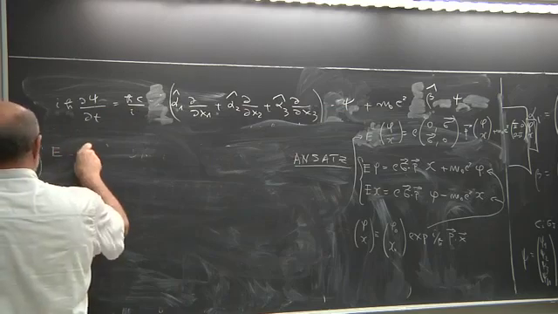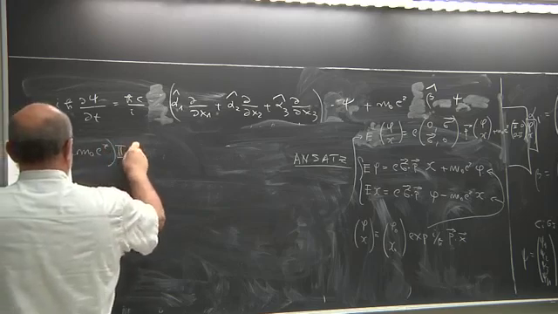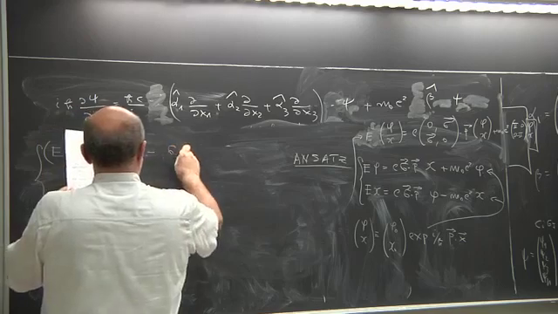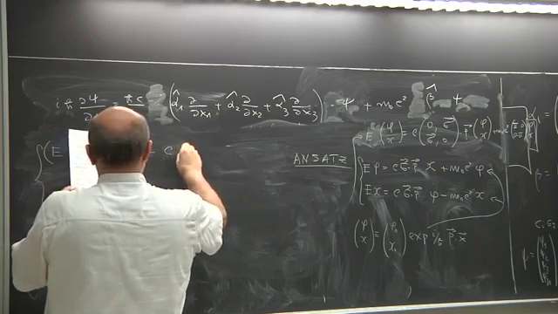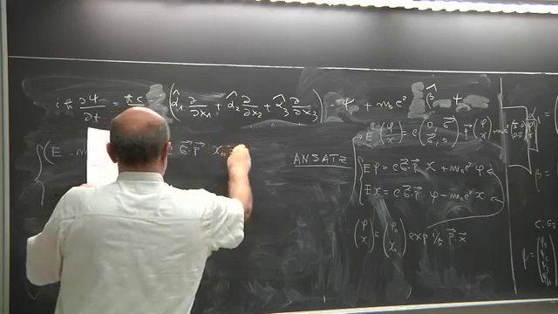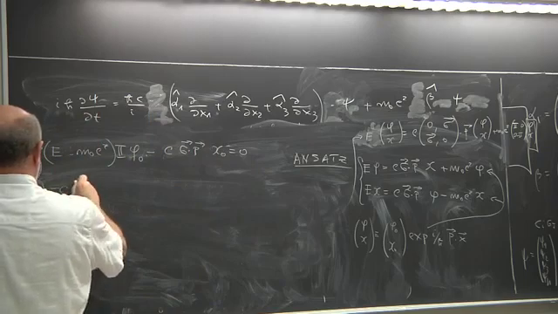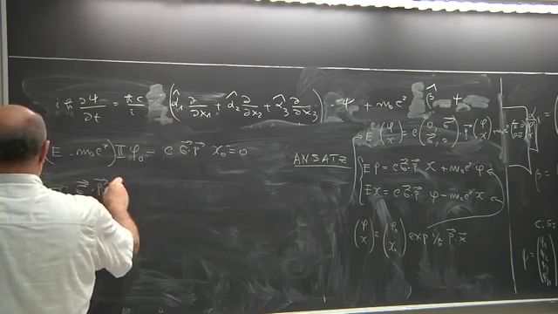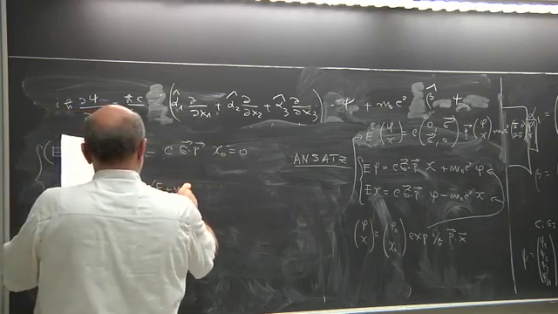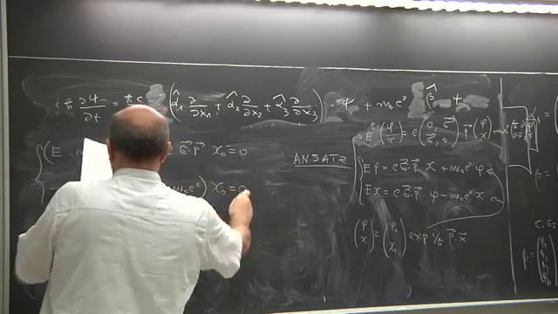E minus m0 c squared, the identity, times phi 0 minus c sigma dot p chi 0 equals 0. And the second equation is c sigma dot p times phi 0 plus E plus m0 c squared times chi 0 equals 0.